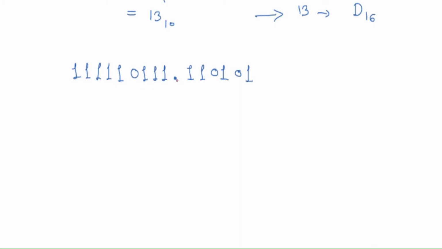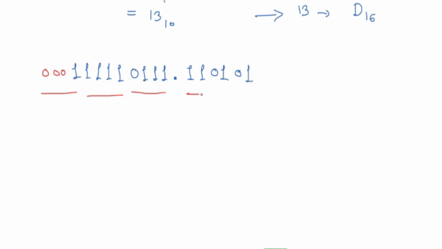We start from the binary point, going right to left on the integer side and left to right on the fraction side. This will be my first 4 digits, then my second 4 digits. After this there is no 4 digit combination, so we add 3 zeros to make it 4 digits.